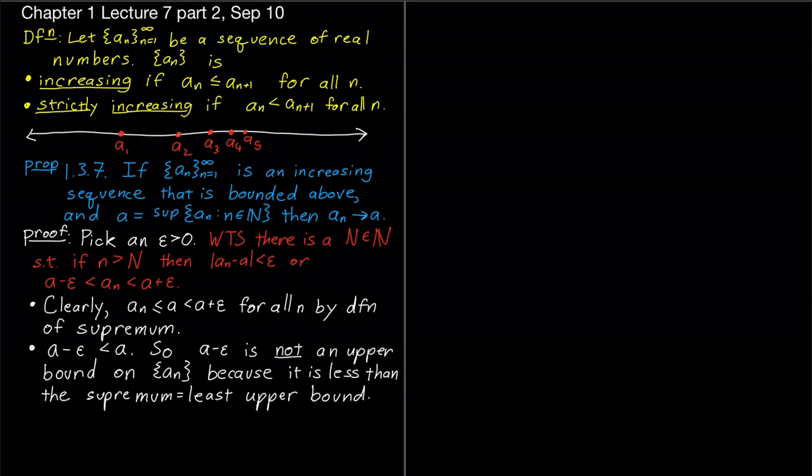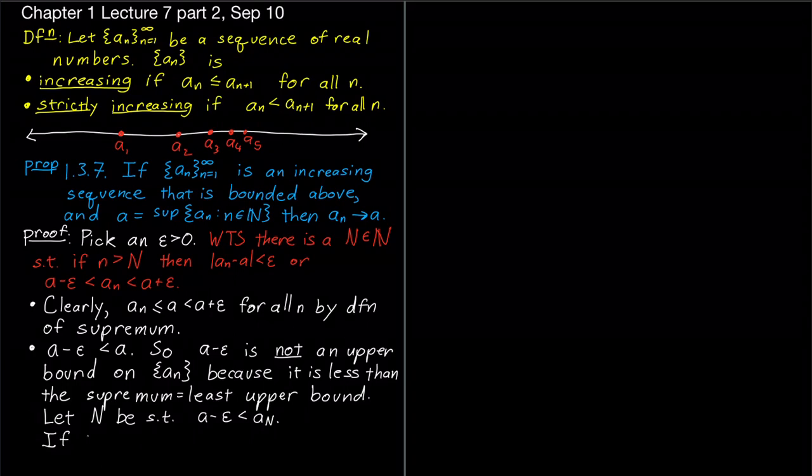All right. If a minus epsilon is not an upper bound, that means it's not bigger than all of them. That means there must be an an that's bigger than a minus epsilon. Let capital N be such that a minus epsilon is less than aN.